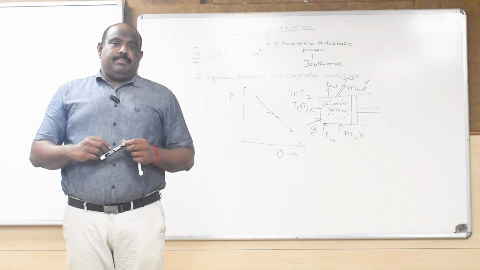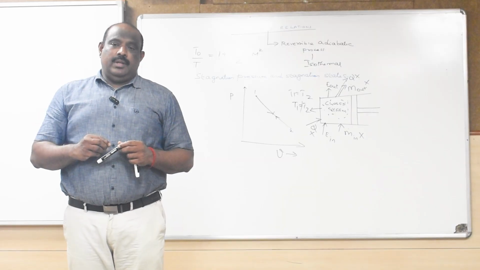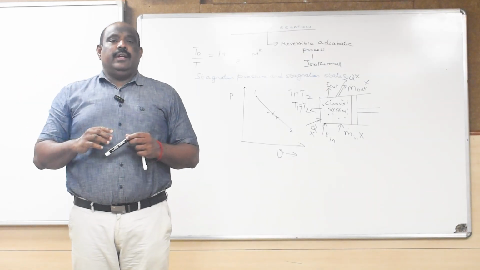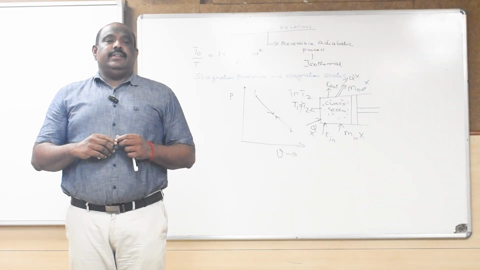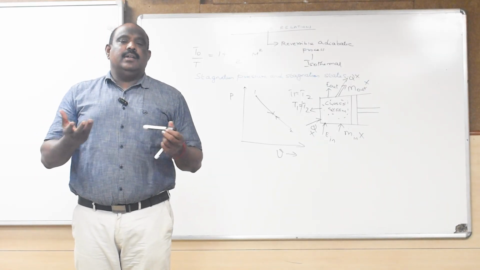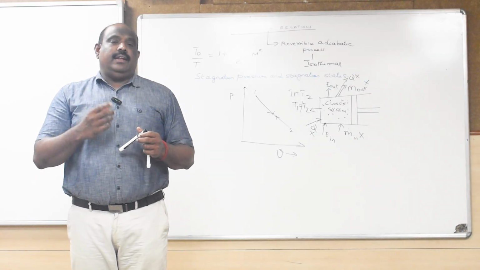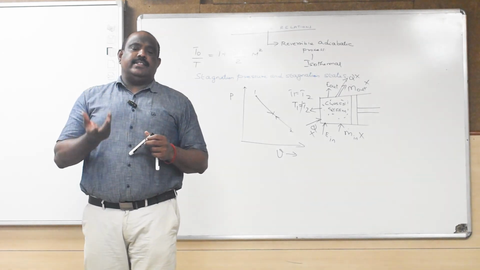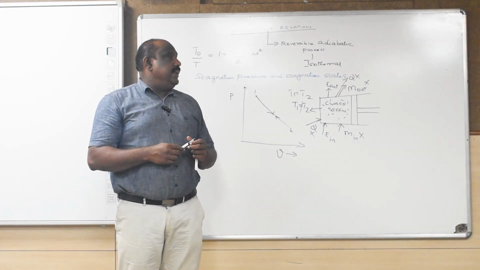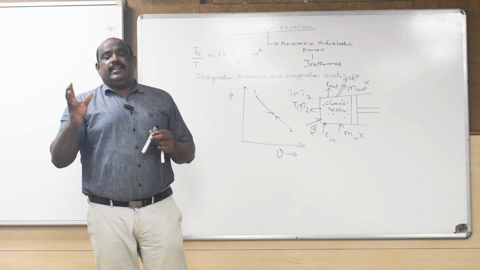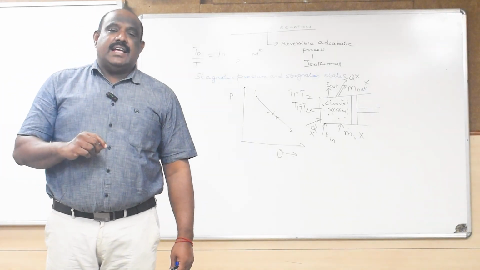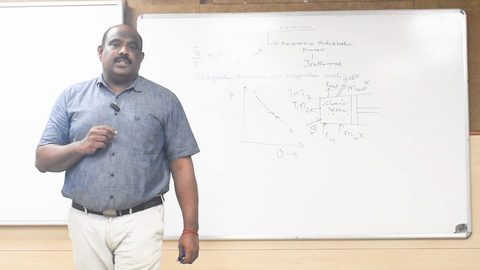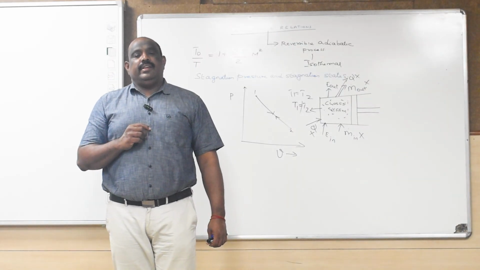Now let me take an example. I have a small stone. I am going to throw this stone into a pond, into a lake. What will happen? There is no heat transfer because both the stone and the lake are at the same temperature. But definitely this process has irreversibility.